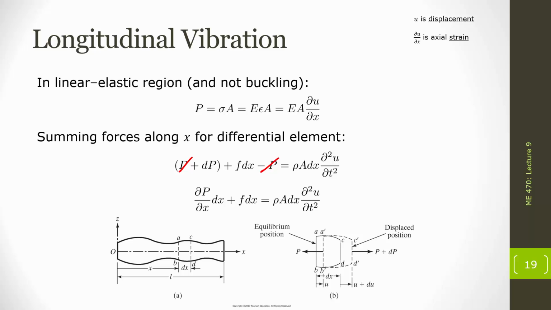Now the right-hand side is just m times a, because the sum of forces equals mass times acceleration. So looking at this differential piece, how do I calculate the mass of it? Well, this differential piece has some cross-sectional area A, and potentially, like we see on the left-hand side, the cross-sectional area changes as we go left to right.